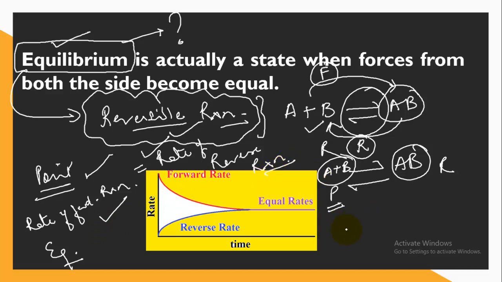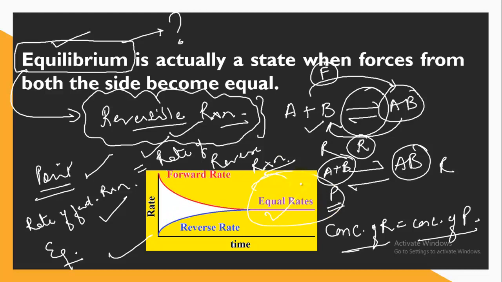Or in other words, at equilibrium the concentration of reactants becomes equal to the concentration of products. This graph shows the forward rate, and this graph shows the reverse rate. This is the point of equilibrium, when the rates of forward and reverse reactions become equal.